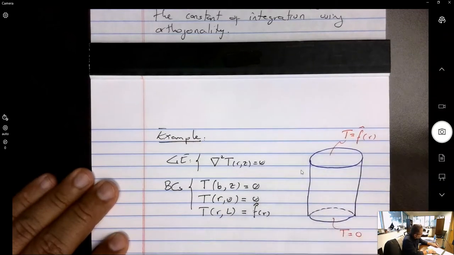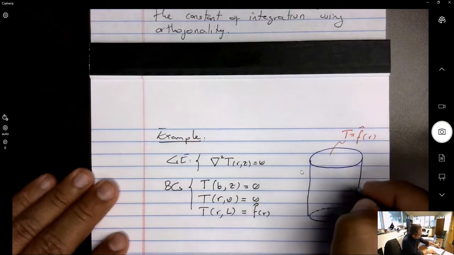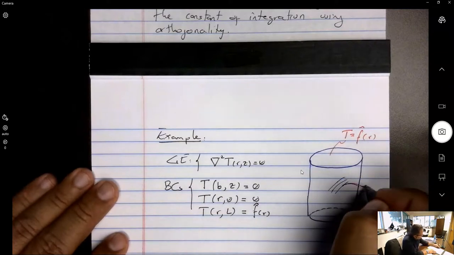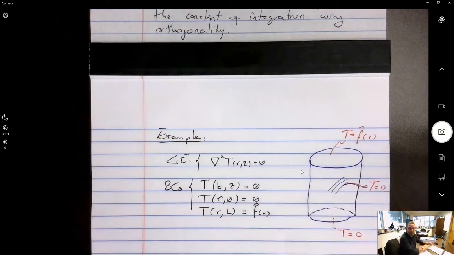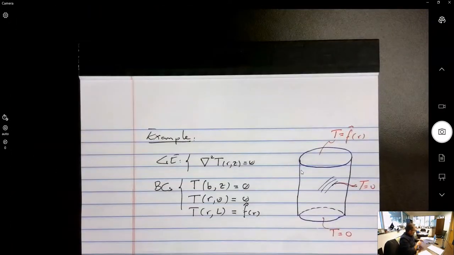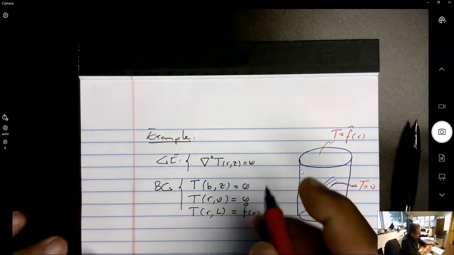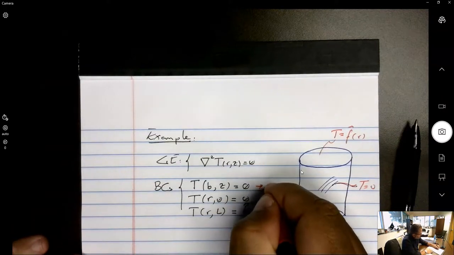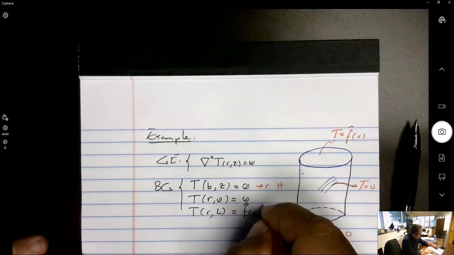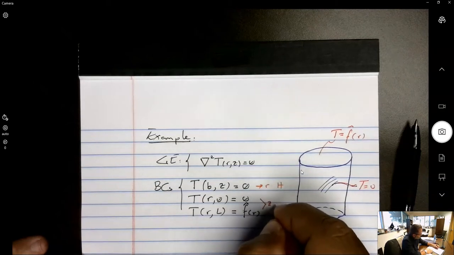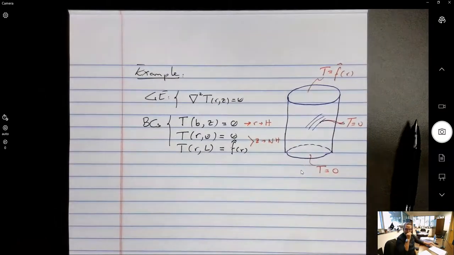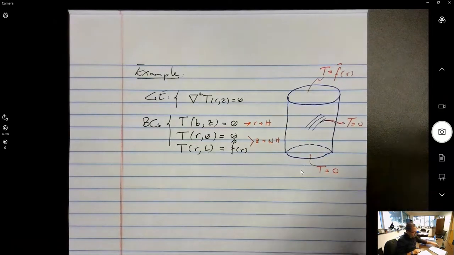The temperature is equal to 0 on the bottom plate, so this is the z direction, and on the outside periphery, the temperature is equal to 0. So all first kind conditions. And as you can see, the r direction is homogeneous, and the z direction is non-homogeneous. So that will help us pick our separation constant.